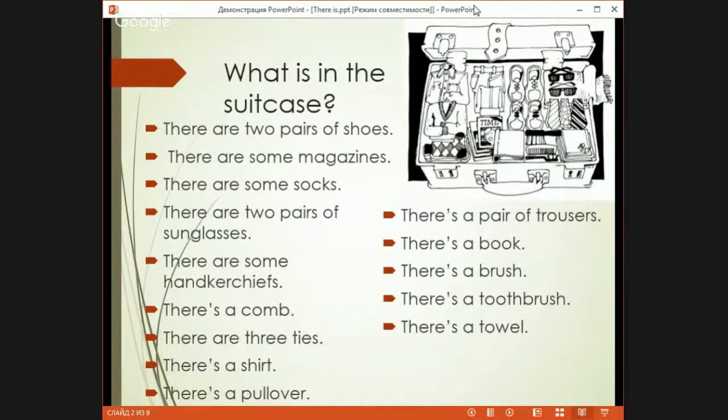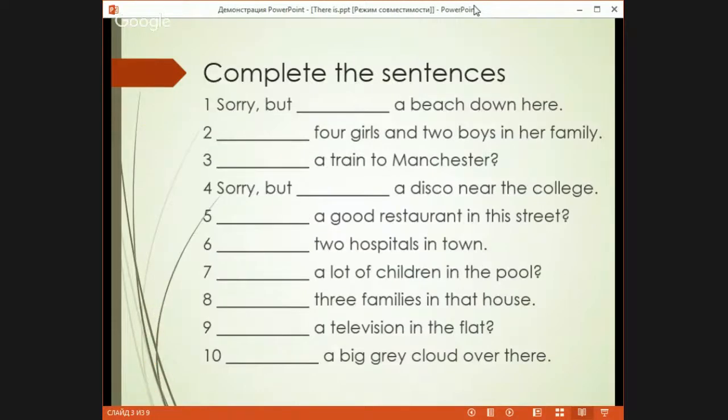So one more time, we use are when we have a plural noun, and we use is when we have a singular noun. And in the description of the suitcase, we can see this very clearly. Let's look at the next one. We have to complete the sentence using there is, there are.